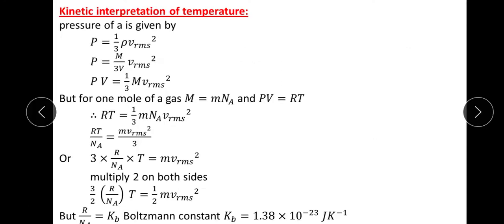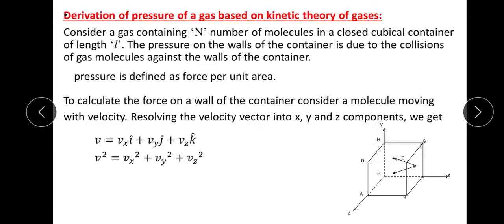See, if the molecules are in motion, then only do they have some kinetic energy, and then only the gas possesses a temperature. If the molecules are at rest, not moving at all, the temperature becomes 0. The molecules do not have any kind of motion, so the temperature of that body becomes 0. That is nothing but absolute 0 temperature.